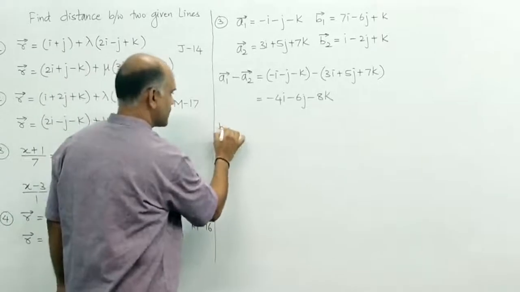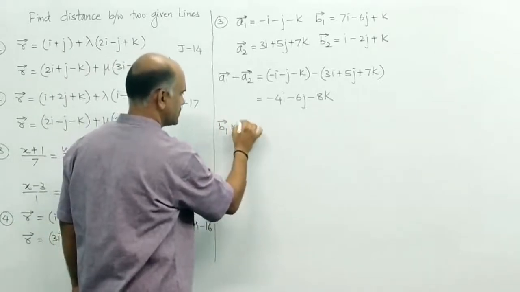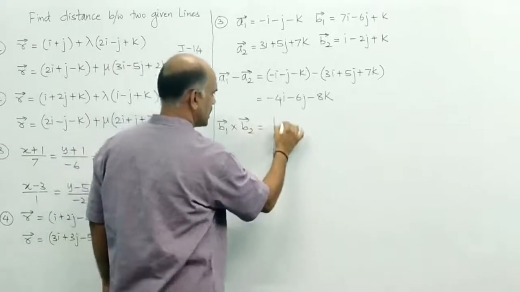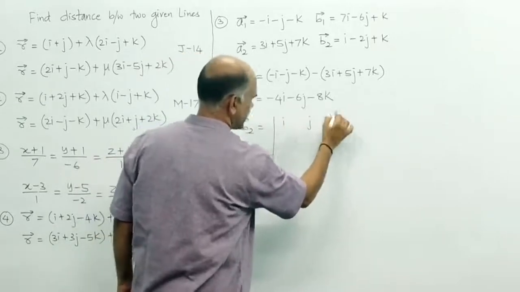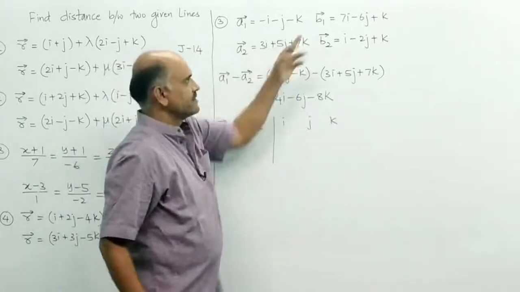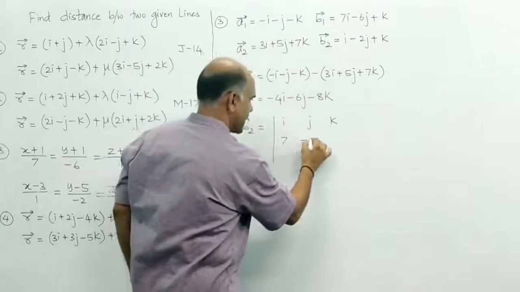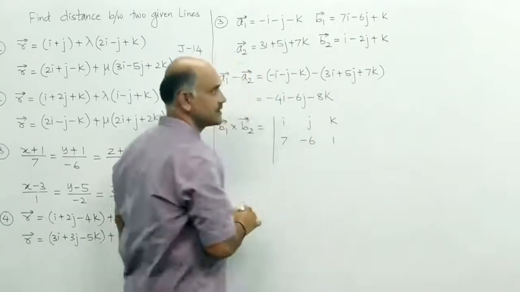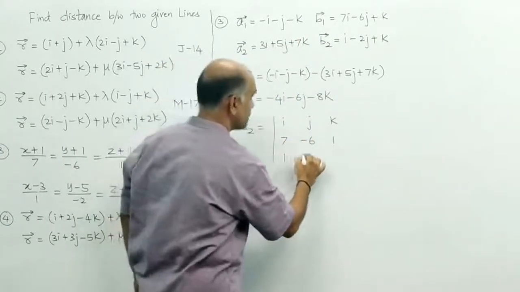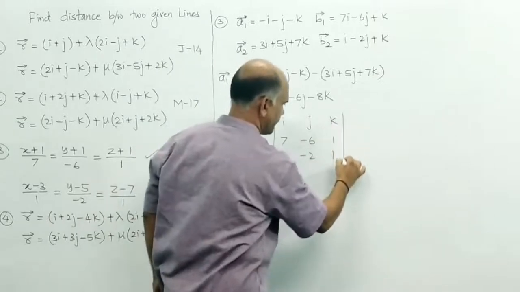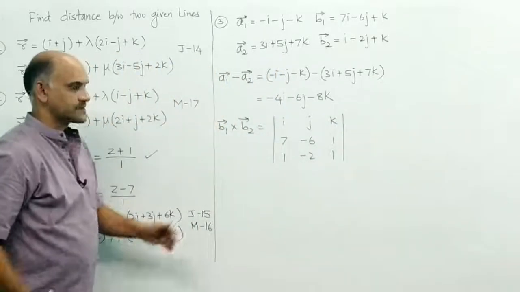Then B1 cross B2. B1 cross B2 is equal to I, J, K. So B1 is 7, minus 6, 1. B2 will be 1, minus 2, 1. So now expand this.